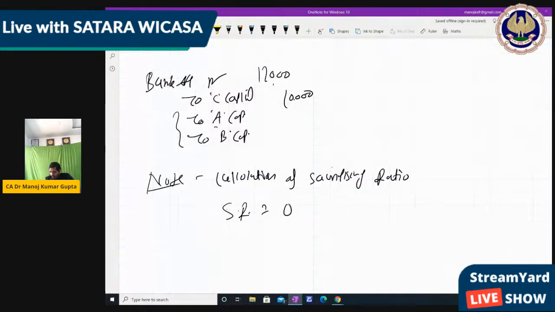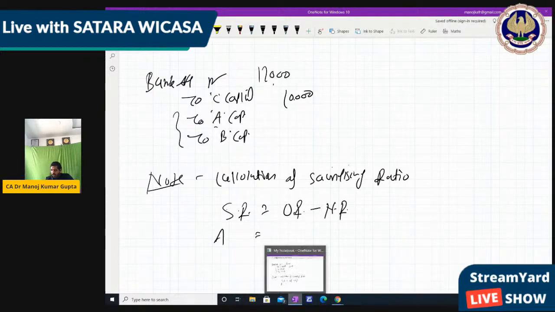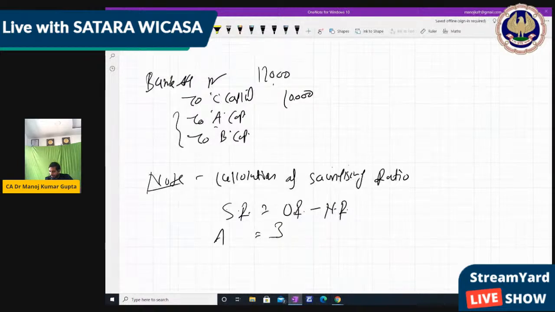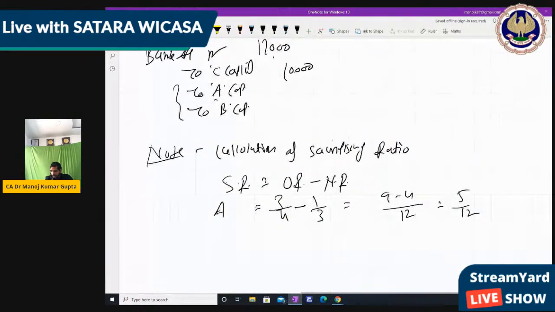Now A's old ratio is how much? 3/4, right? So 3/4 minus new ratio, which is 1/3, because all three partners are equal now. So 9 minus 4 upon 12, 5 upon 12, right?